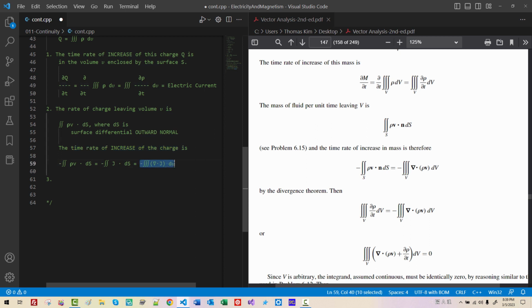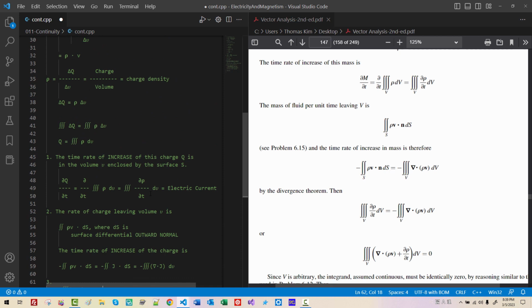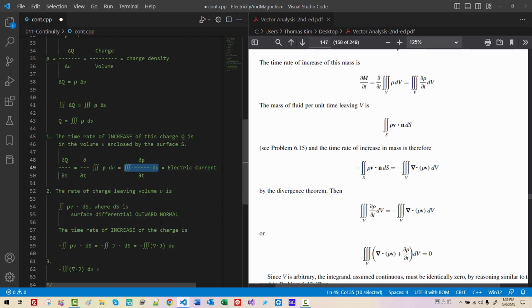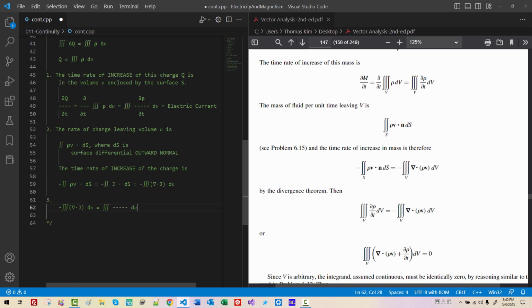So we equate this increase. This increase should match with this increase. So we can say, I will copy this and paste it here, ∂ρ over ∂t, like this.